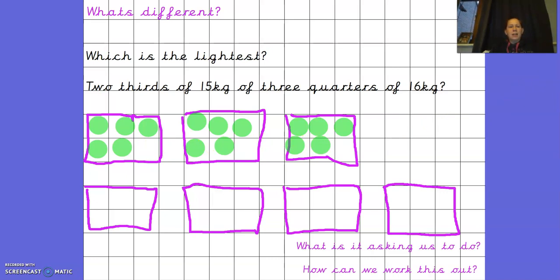Okay, so then it's saying, but it's not saying 1/3 of 15 kilograms. It's saying 2/3. So here's my 2/3. So 2/3 of 15 kilograms is 1, 2, 3, 4, 5, 6, 7, 8, 9, 10. So 10 kilograms.